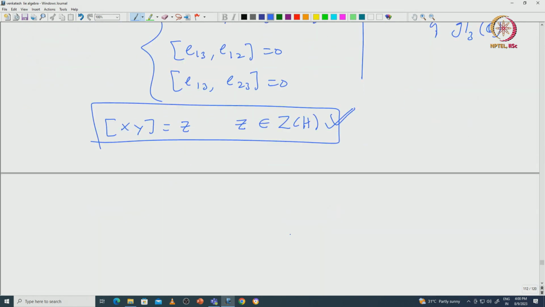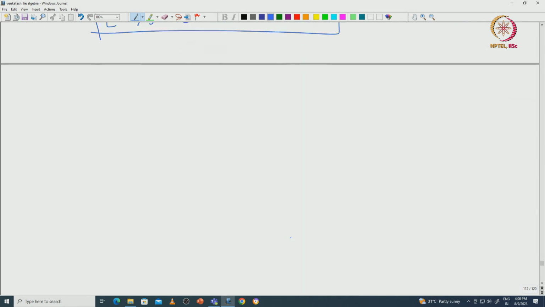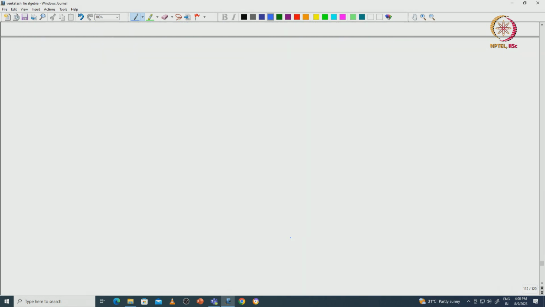So, now let us classify or characterize this Heisenberg Lie algebra. Okay. So, before that let us see what are all the types one can get in dimension 3. Okay. I will do some of the cases, I will not be able to do all the cases.